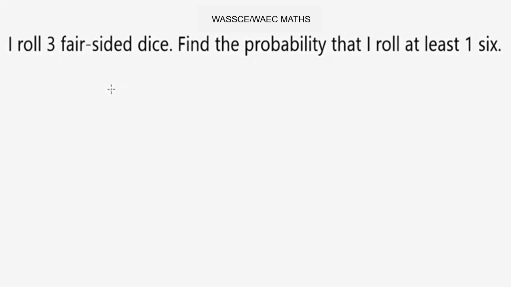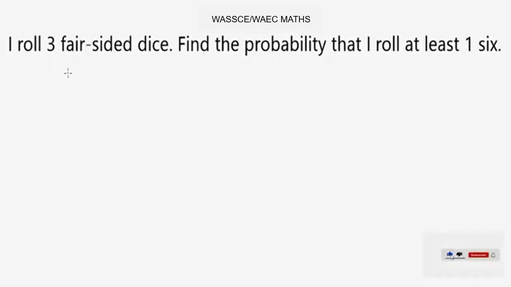Now take note of this. Pay attention guys, that when a question asks for at least a certain number of things happening, it's usually easier to work out. All you have to do basically is to subtract the probability of less than that number of things happening from 1.